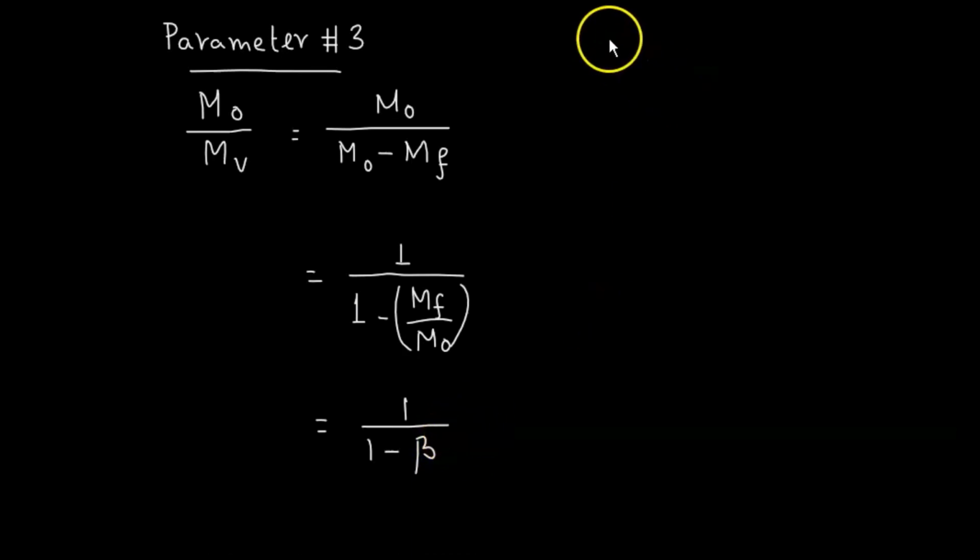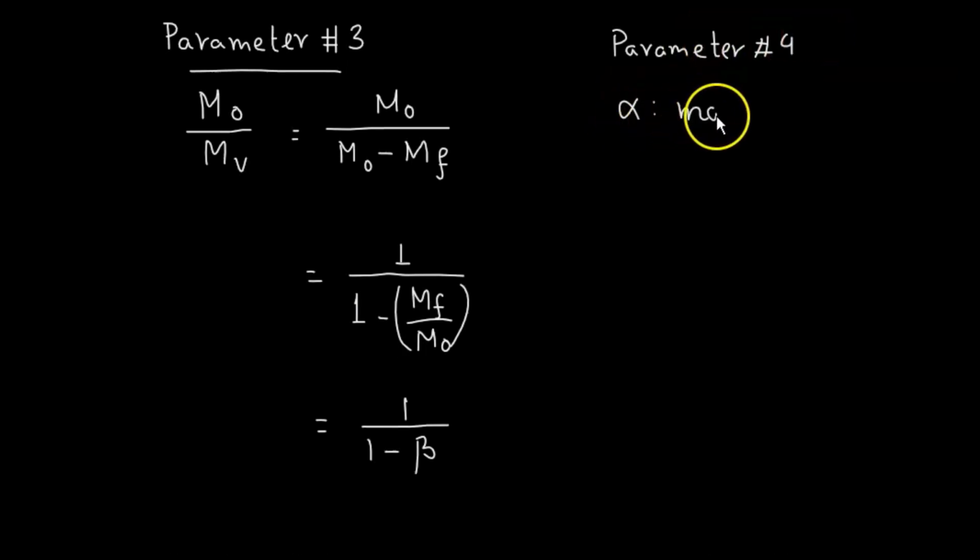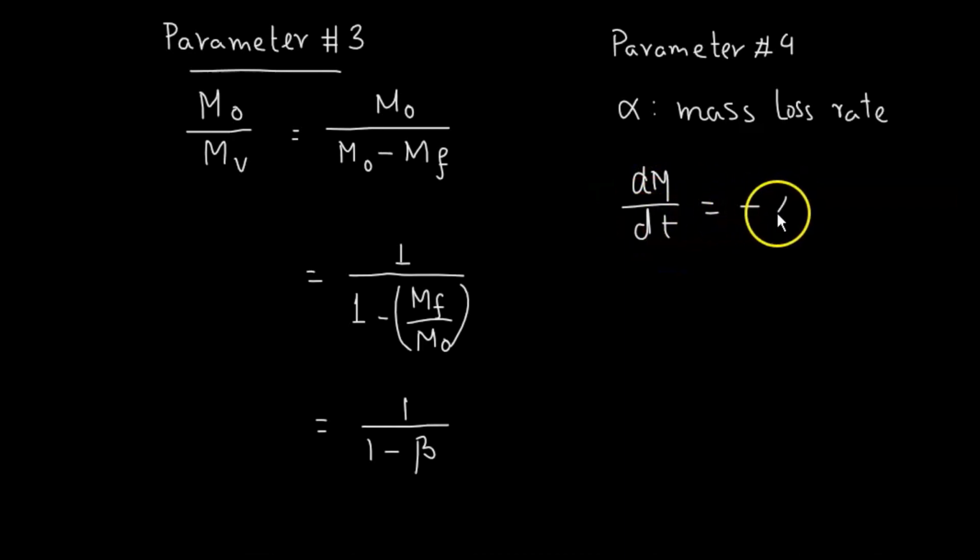Then we define the fourth parameter, alpha. It is defined as the mass loss rate. That means the rate of change of mass is equal to minus alpha times the initial mass m0. So if we consider this differential equation as the equation for mass loss, then we have dm equals negative alpha m0 dt.